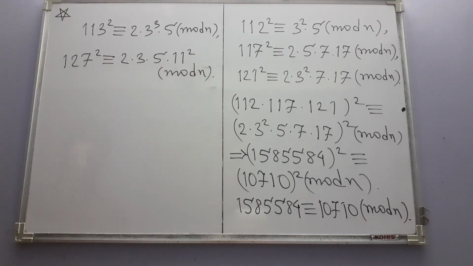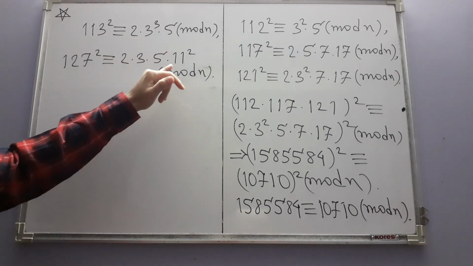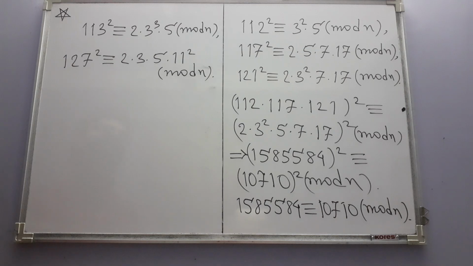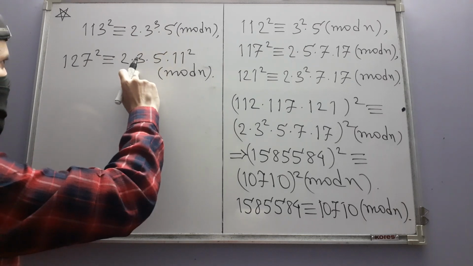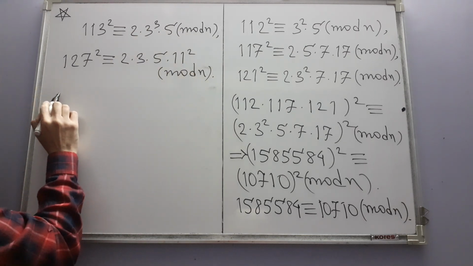Now here you can see that again we now have a situation like that. Here only with 2 congruences, if we multiply them, we are going to get a square, because there are 2 2's, 4 3's, 2 5's, and already here we have 2 11's.